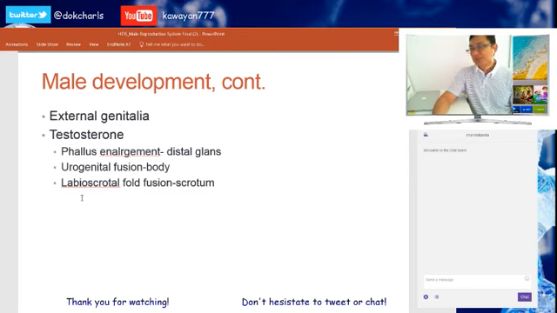In terms of external genitalia, you have phallus enlargement, development of the penis and glans penis, urogenital fusion at the midline, and then labioscrotal fold fusion, which leads to the development of the scrotum.